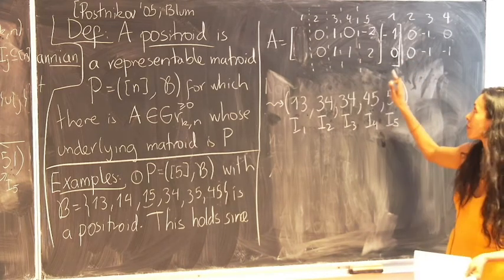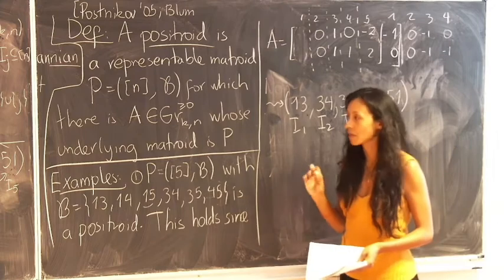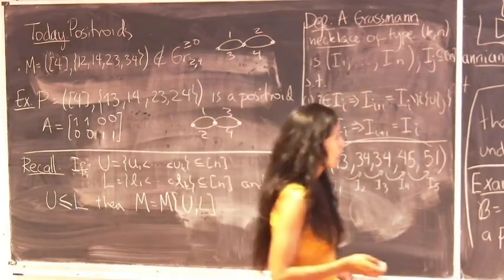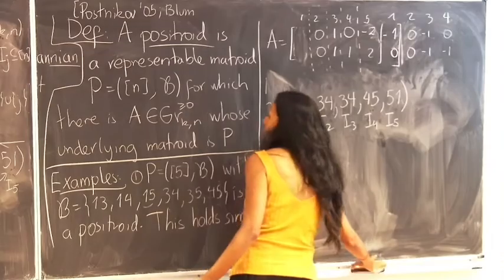So the sign depends on the rank. That's not too important right now. But what is important at the moment is that we know how to obtain Grassmann necklaces.